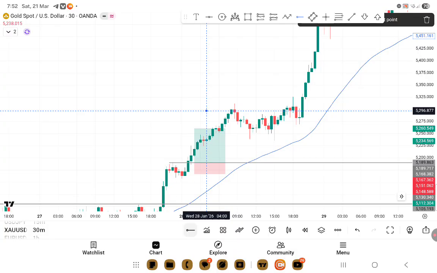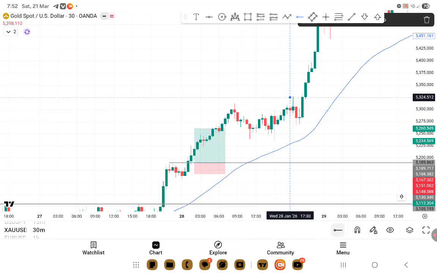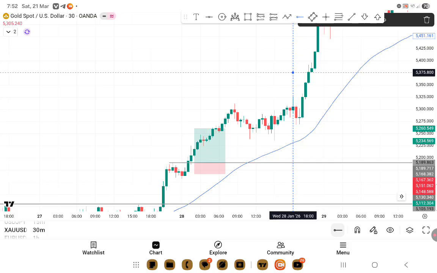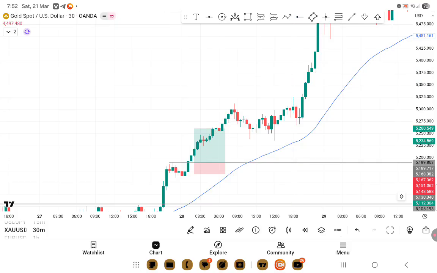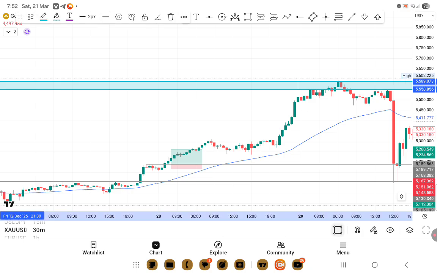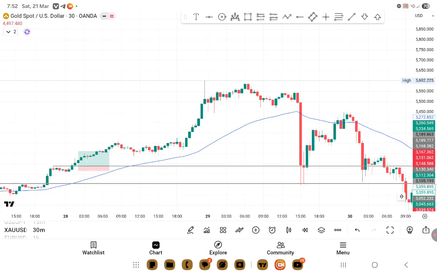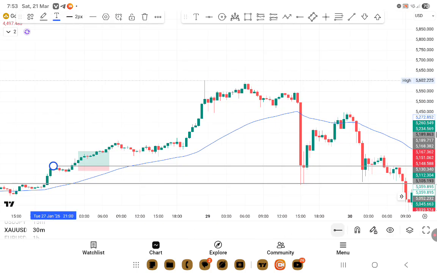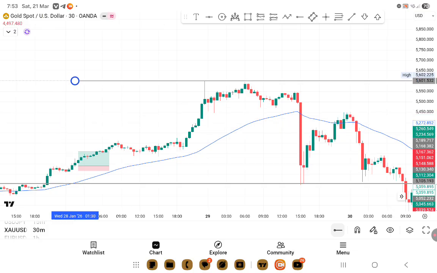This one is not valid. This one is not, because it closed in the wick, not the body. So we're not taking it. Still going. Our line should be up here now, in case anyone breaks that.